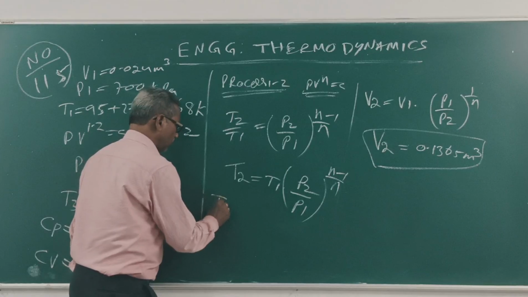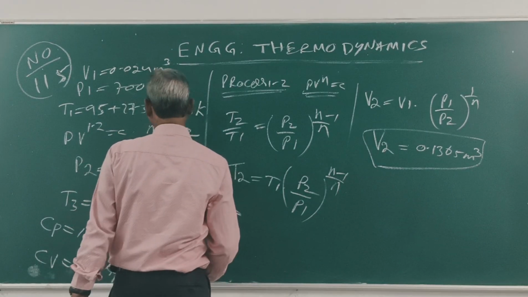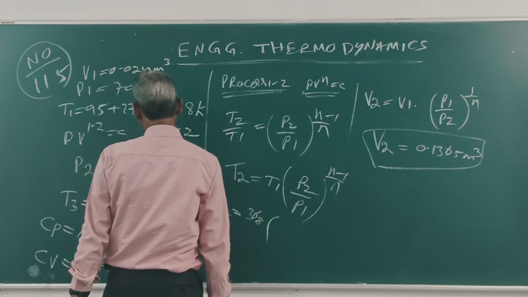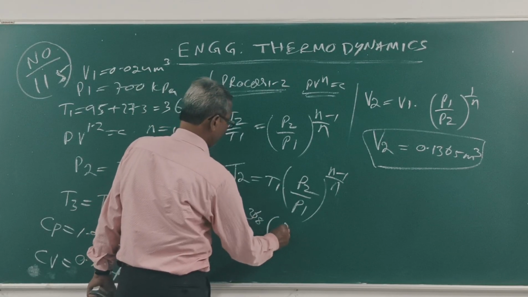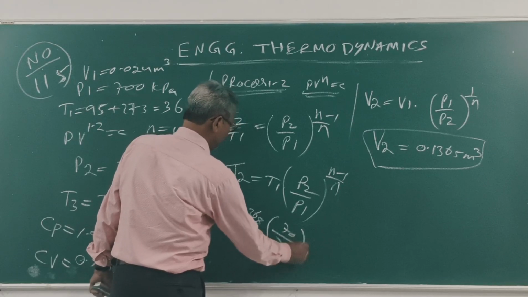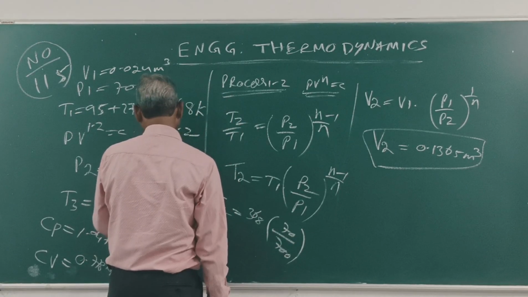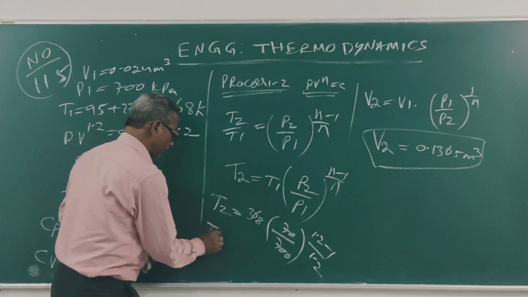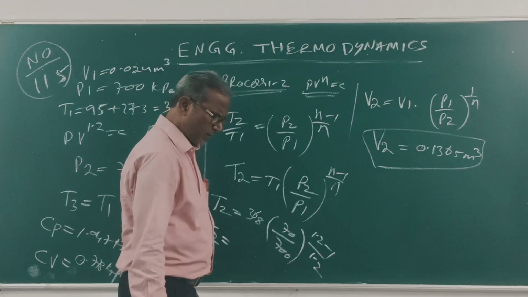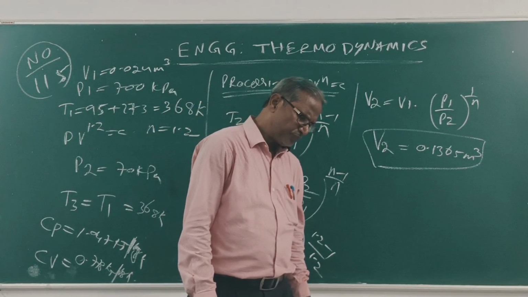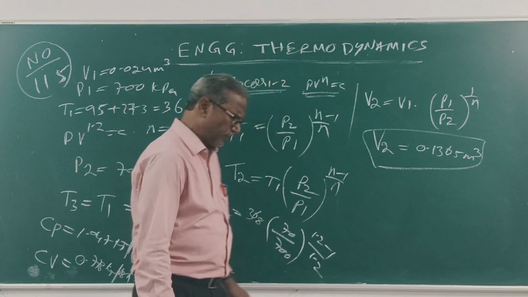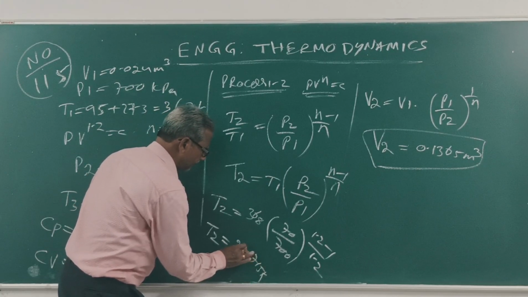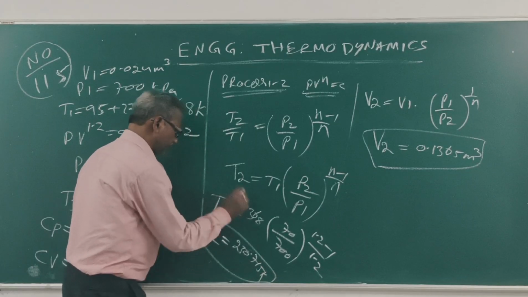So T2 is equal to T1 into P2 by P1 to the power of n minus 1 by n. What is T1? 368 into P2 by P1, 70 by 700, to the power of n minus 1 by n, 1.2 minus 1 by 1.2. We find out T2. Here, now T2 is equal to 250.715 Kelvin. This is T2.